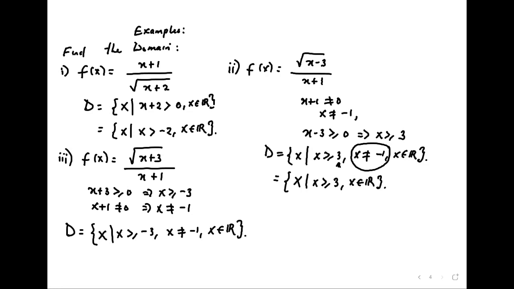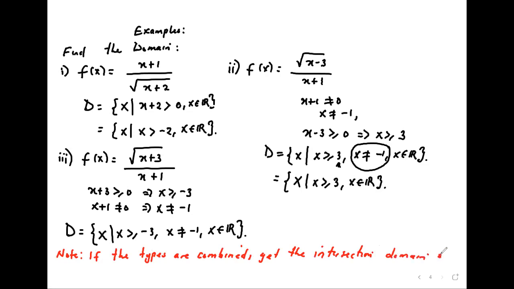It means that, so we note, if the types are combined, get the intersection domain of the two domains.